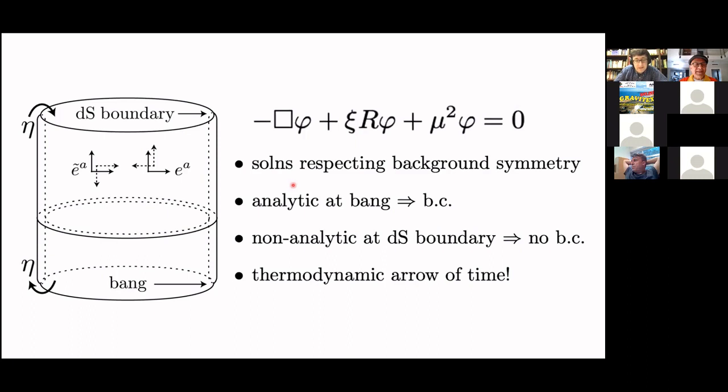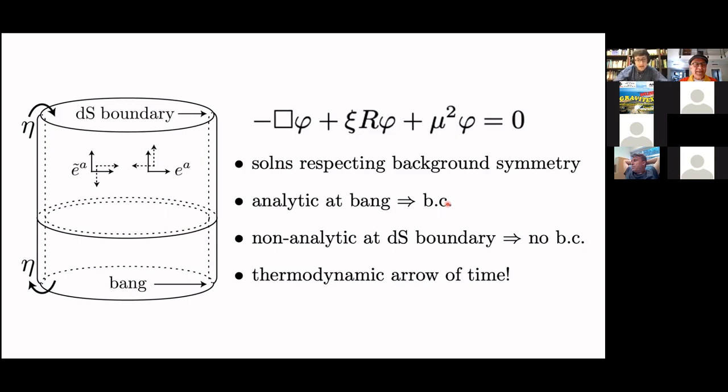So I want to take this double-sheeted picture seriously, as we did before, and see what it implies about the matter. The first thing you notice is that the solutions to the above Klein-Gordon equation, and this is also true for the Dirac equation, I'm just using the scalar case as the simplest example, are completely analytic at the bang, or meromorphic. They can have a pole.